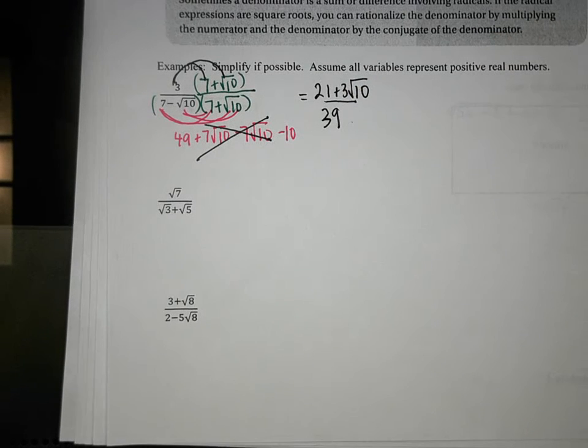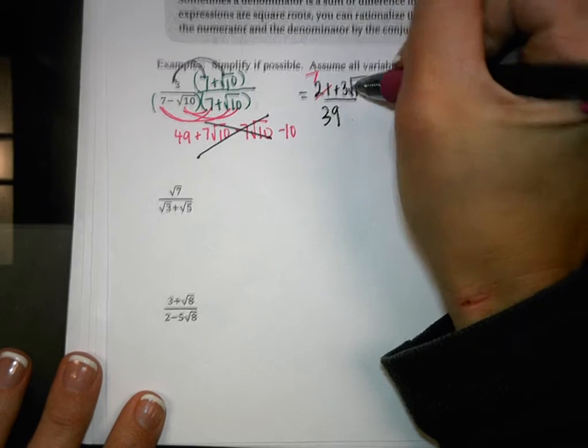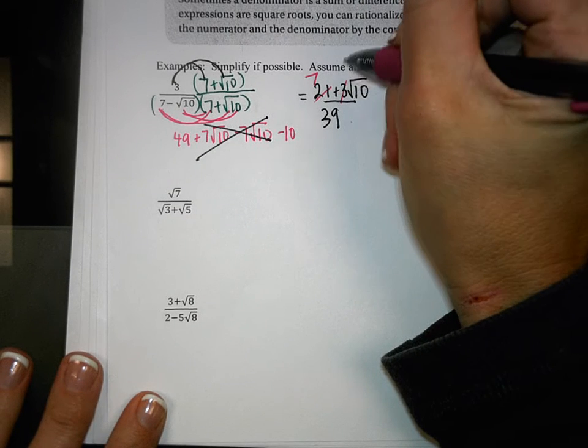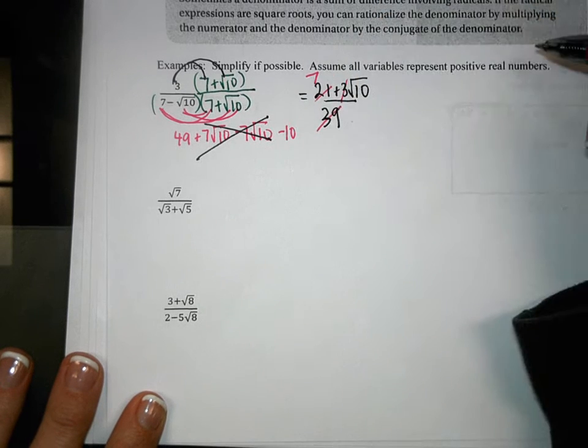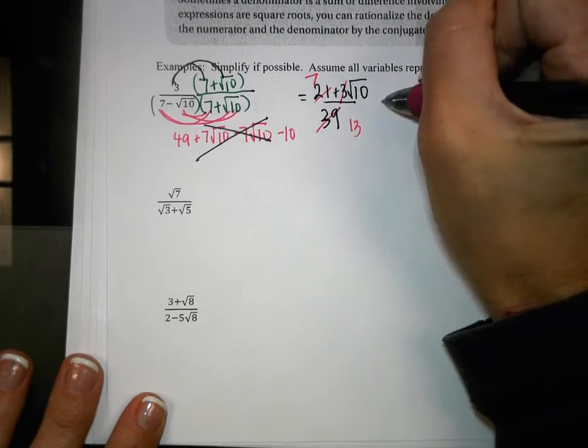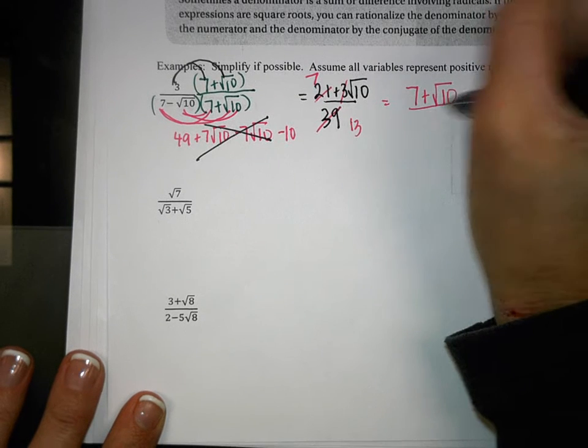Can all of them reduce by the same number? Yes. What number can they all reduce by? 3. So 3 goes into 21 7 times. This 3, we can cancel it out. You can put a 1 there, but it's not necessary. And how many 3s are in 39? 13. Very good. And so the final answer here is 7 plus root 10 over 13.